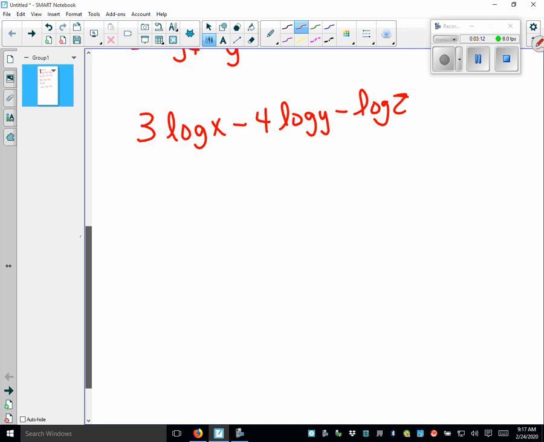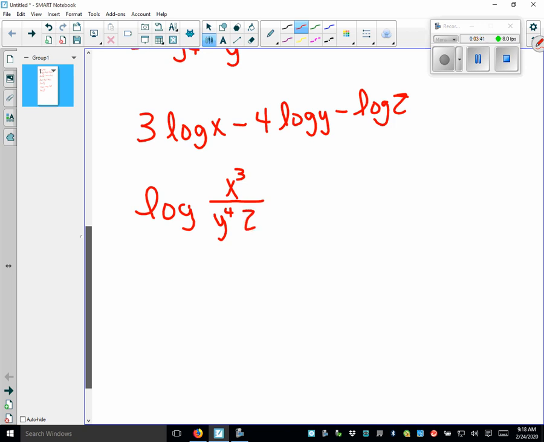Can I write this one as a single logarithm? Okay, log. What happens with the x? Where? On top or bottom? x cubed. y to the 4th is on bottom. Yes. Is that times z on the bottom?